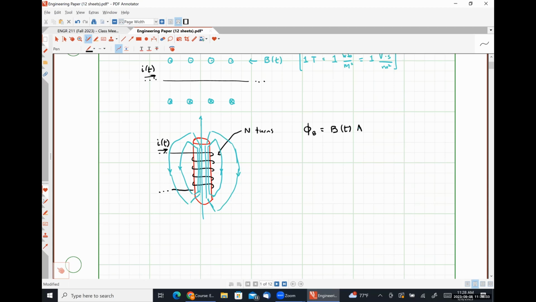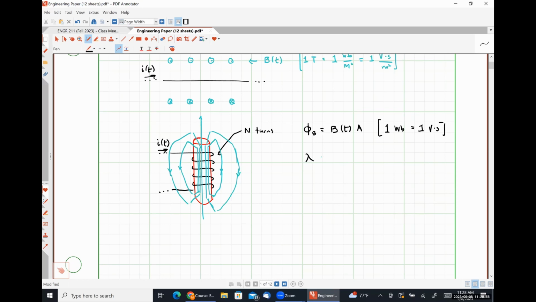Okay. The unit of our magnetic flux is the Weber, where once again, 1 Weber is a volt second. And we can define the flux linkage of the coil, which is going to be lambda.